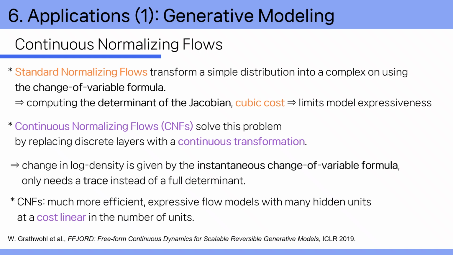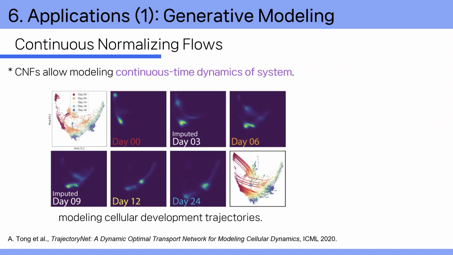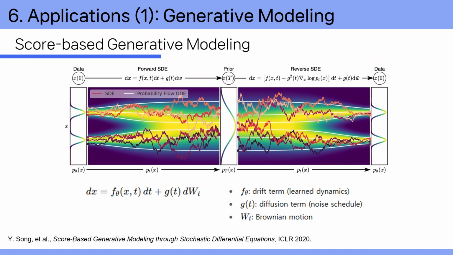This makes CNFs much more efficient, enabling expressive flow models with many hidden units at a cost linear in the number of units. Similarly, in score-based diffusion models, the mapping is defined by a neural SDE, where the dynamics are driven by Brownian motion.